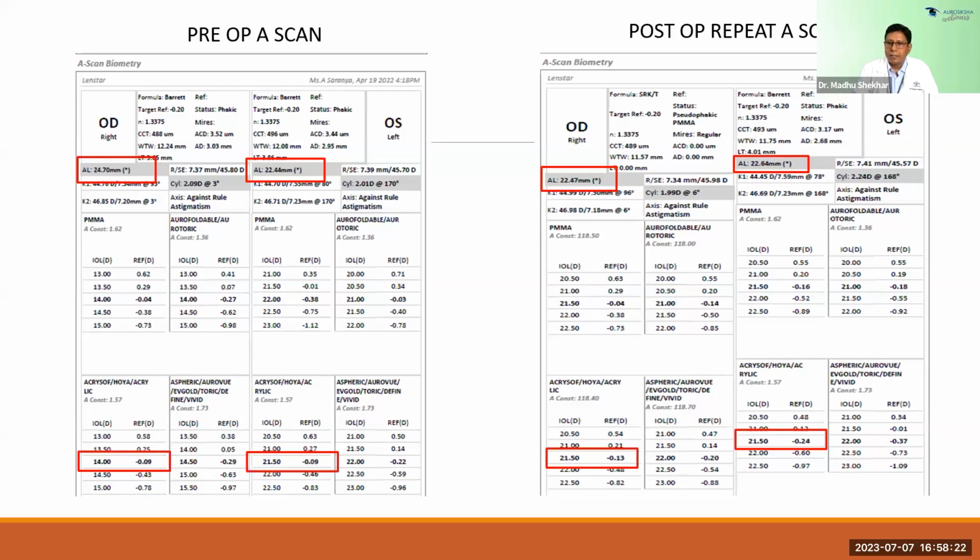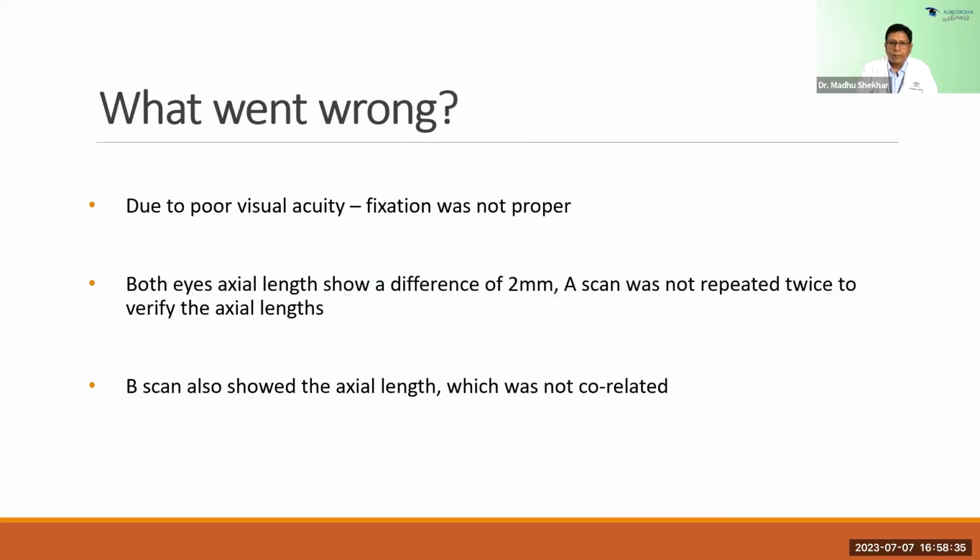When we got that surprise and repeated the A scan post-op, we saw that both eyes' axial length was almost close to each other, and IOL power was also close to each other. So what went wrong? Due to poor visual acuity, fixation was not proper.